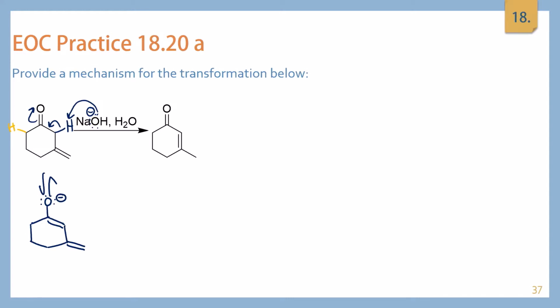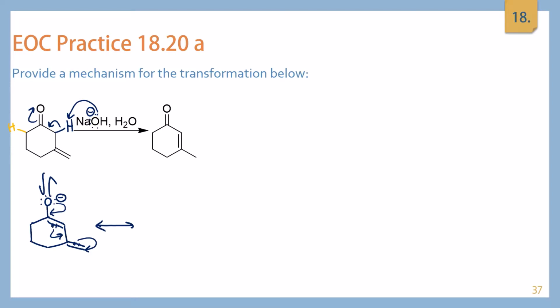So what you may notice is that in this structure now, we have a conjugated system. So what that means is if we were to swing these electrons down, push those down, we could then push these pi electrons onto that carbon.